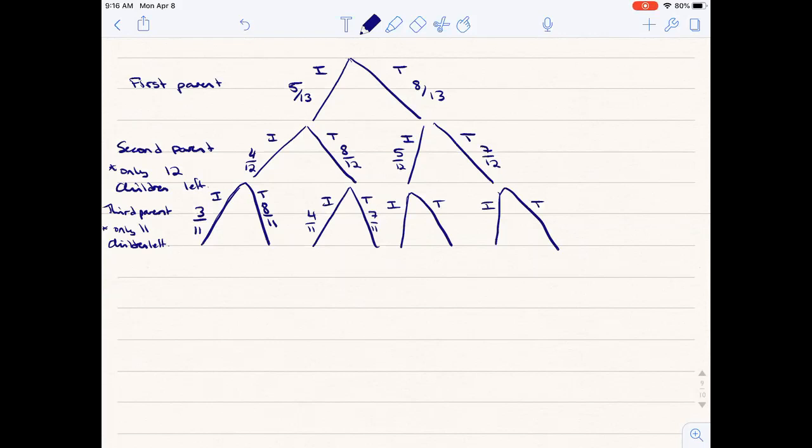Same thing, but reversed for the third branch. 1 toddler and 1 infant have been picked up, so there are now 4 out of 11 and 7 out of 11. And for the final set of branches, none of the infants have been picked up, so it's 5 out of 11. And 2 of the toddlers have been picked up, so 6 out of 11.